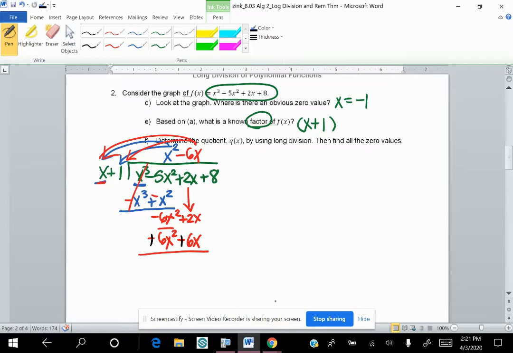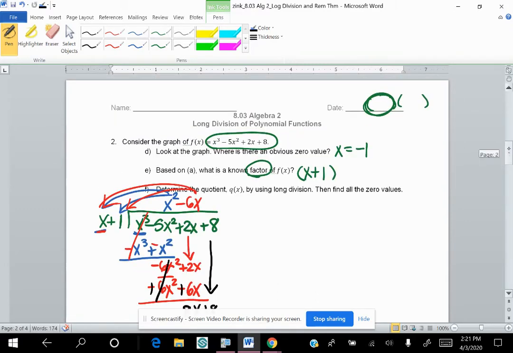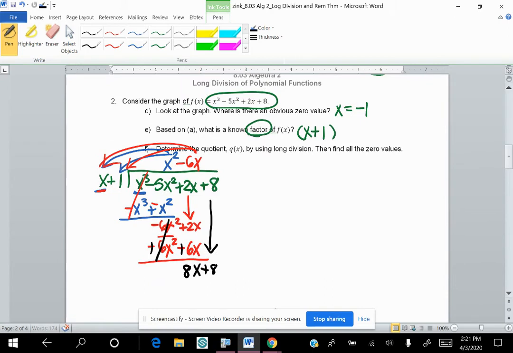All right, so we've got 6x and 2x gives us 8x. These guys cancel. Bring down the next value, which is a positive 8. Alrighty, so now we say x times what gives me 8x? Well, that's going to be positive 8 and rainbow time.